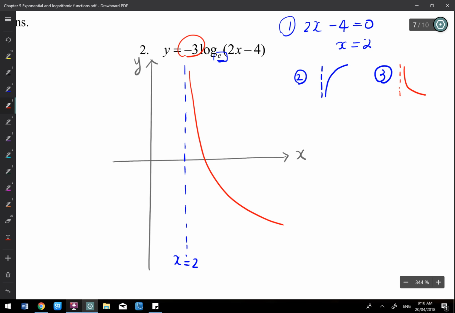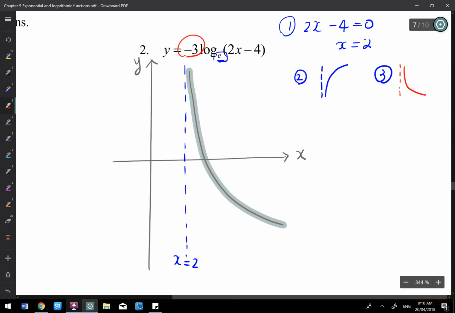But we need some points to help us. Step 4 is to solve for the x-intercept, so y equals 0. 0 equals minus 3 log e of (2x minus 4).